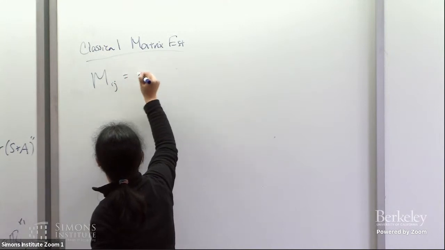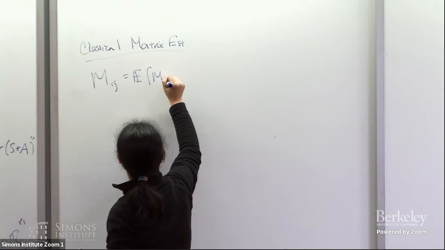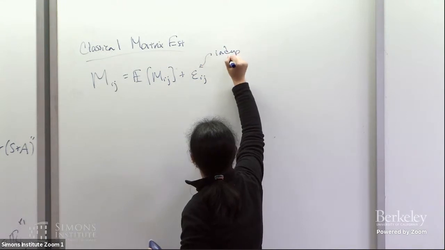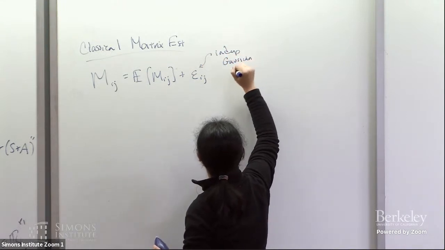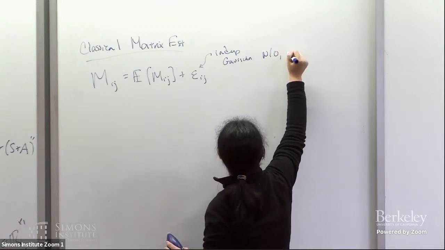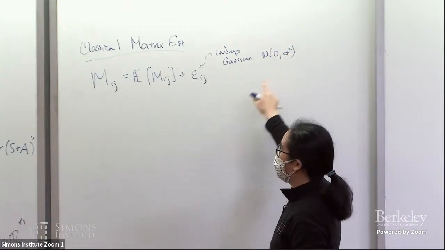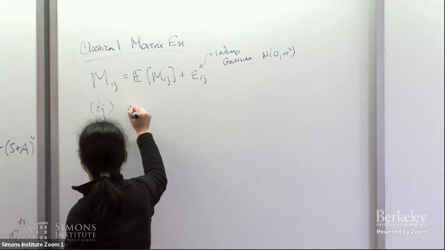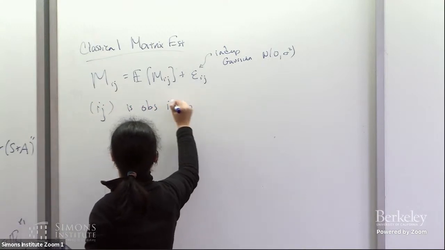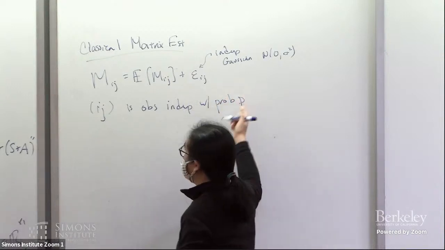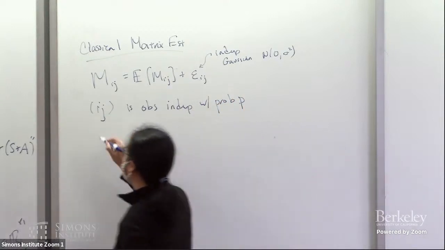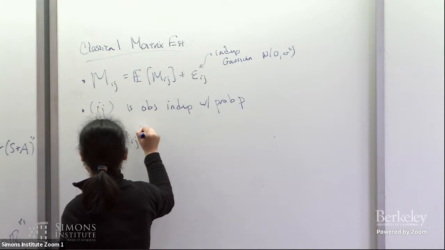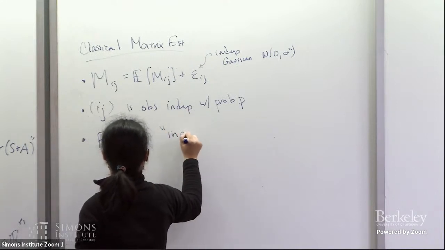Let's say my observation M is the expected value plus some independent, let's say Gaussian, zero mean noise, and let's say each entry is observed independently with probability P. This is an easy problem, and furthermore, you actually need one more condition.